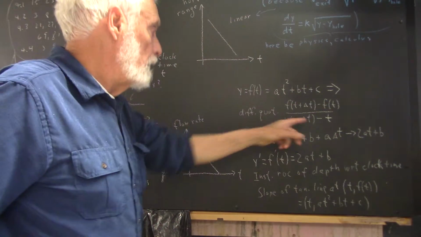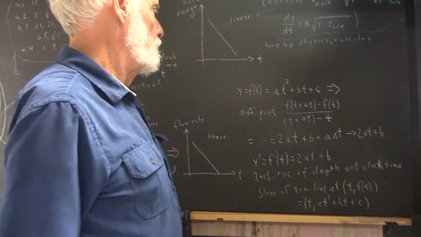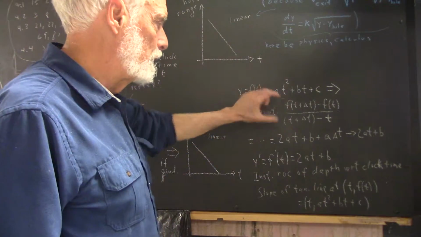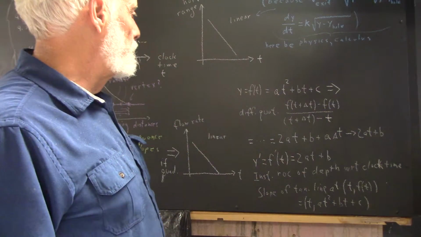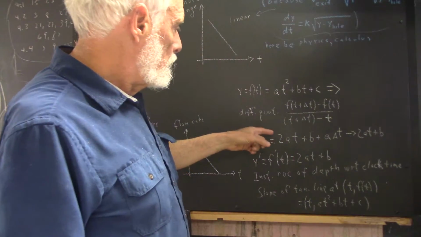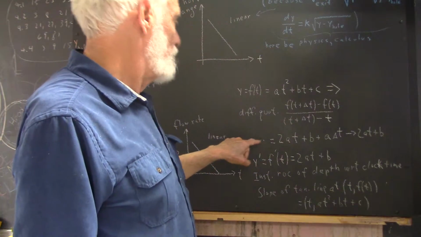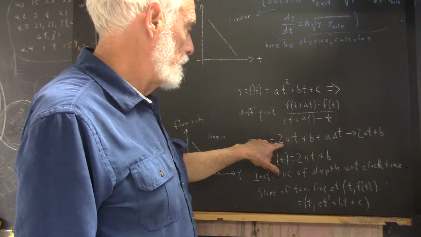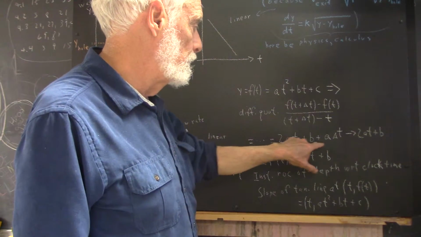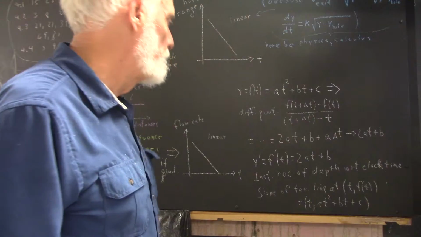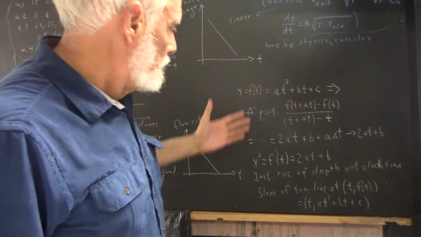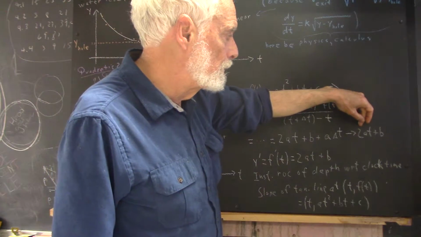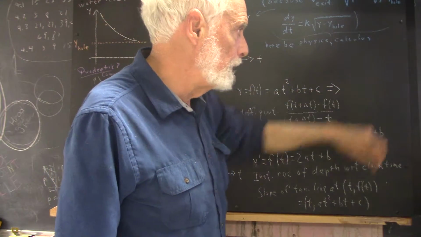Okay, now if we evaluate this difference quotient, again, something that we should learn in a precalculus course, but if we didn't, it's real easy to learn. That's going to equal, there are a couple of steps, but that comes out to be equal to 2at plus b plus a delta t. And as delta t approaches 0, this approaches 2at plus b.